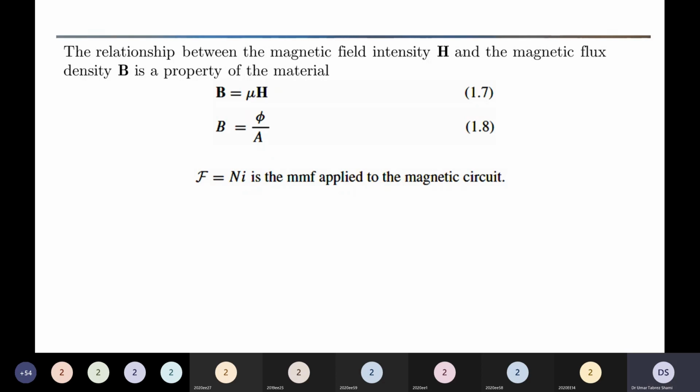I want students to answer. Who is the dependent factor and who is the independent factor in equation 1.7?